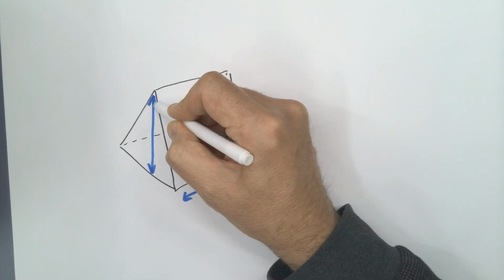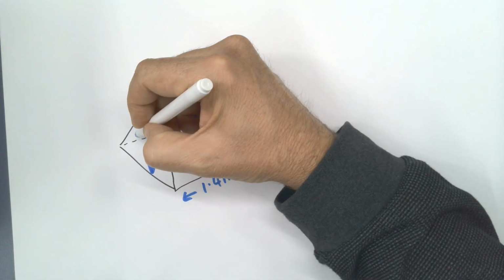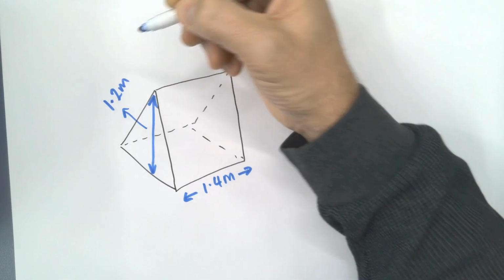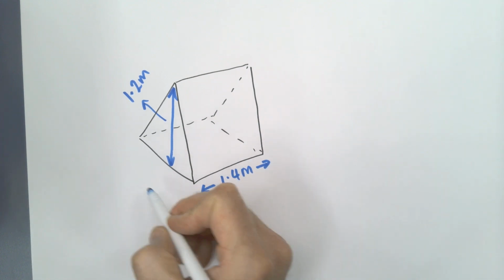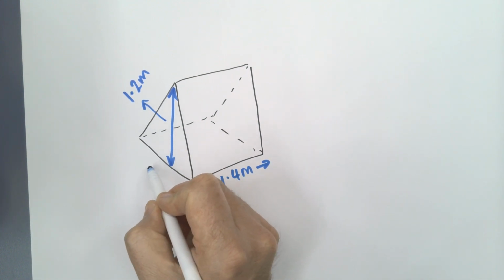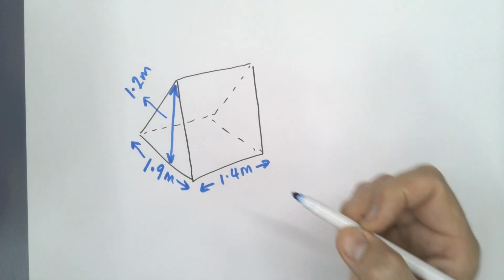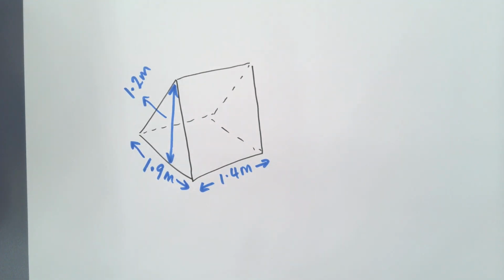Let's say here we've got, I'm going to make that 1.2 meters, and across the bottom here I'm going to go 1.9 meters. Okay, so volume is area of the base times the height. So what you just got to identify is what is the base.